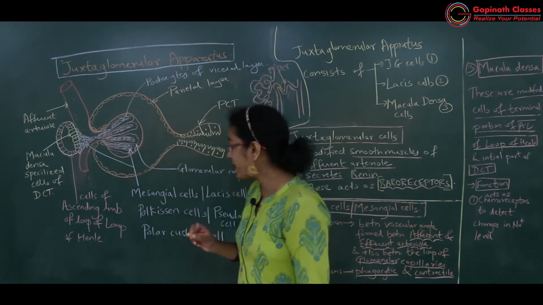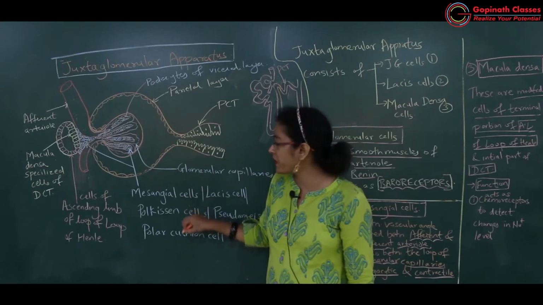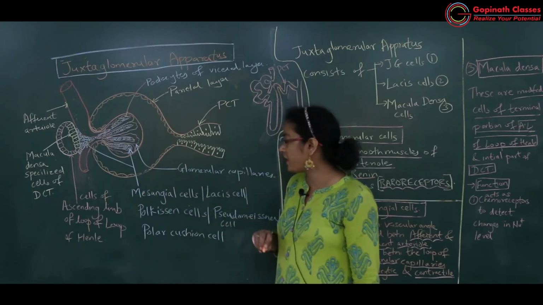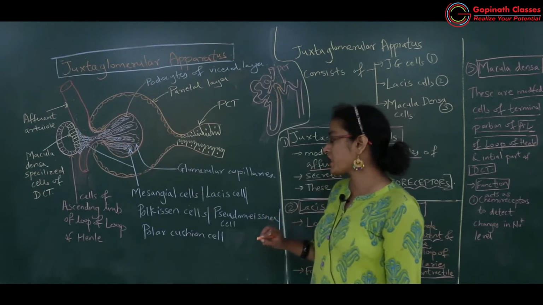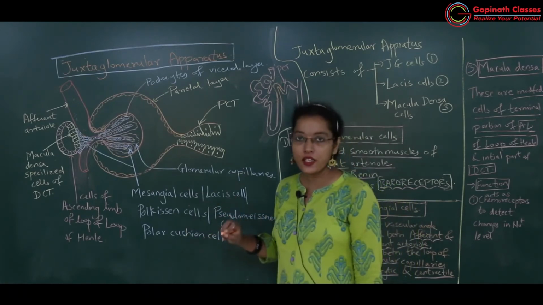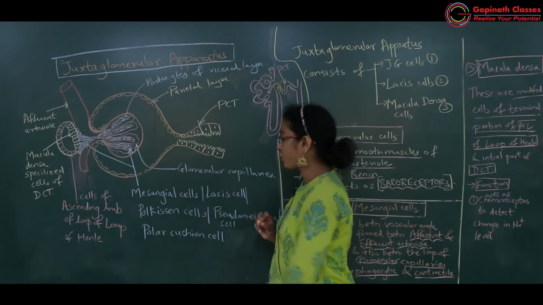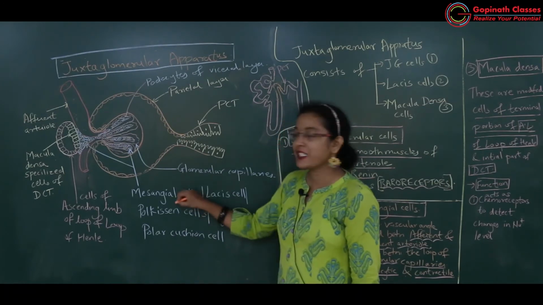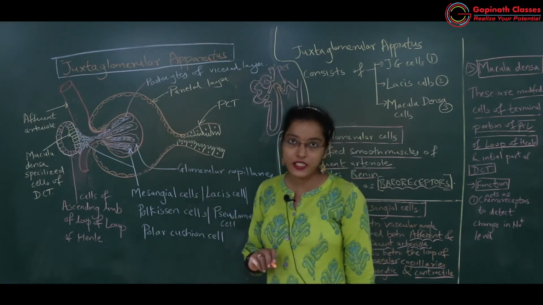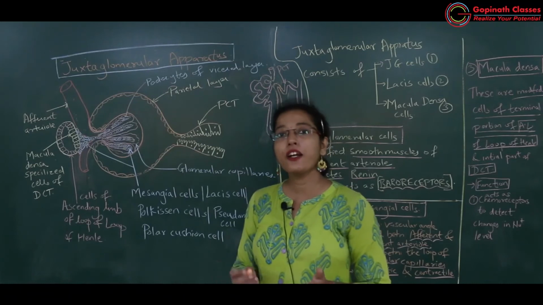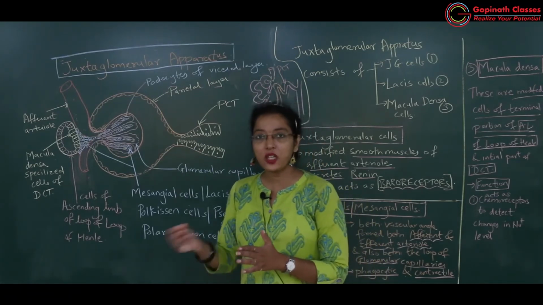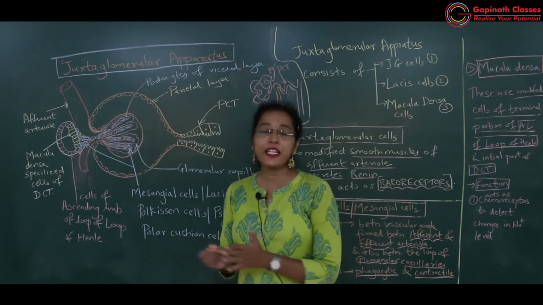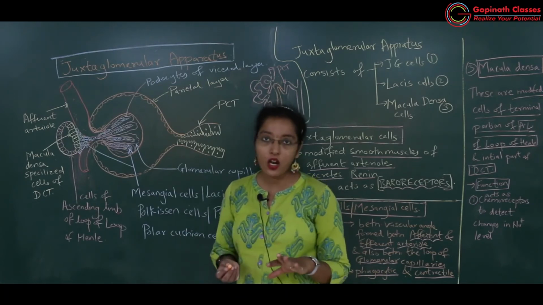Lacy cells have many names: mesangial cells, Pulkyson cells, pseudo Meissner cells, polar cushion cells. These are the different names for mesangial cells or Lacy cells. You have to remember different names in biology, because sometimes many names are given to one particular structure.